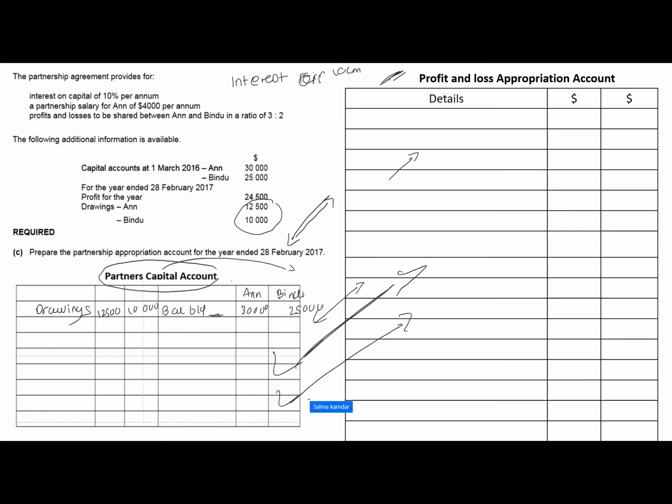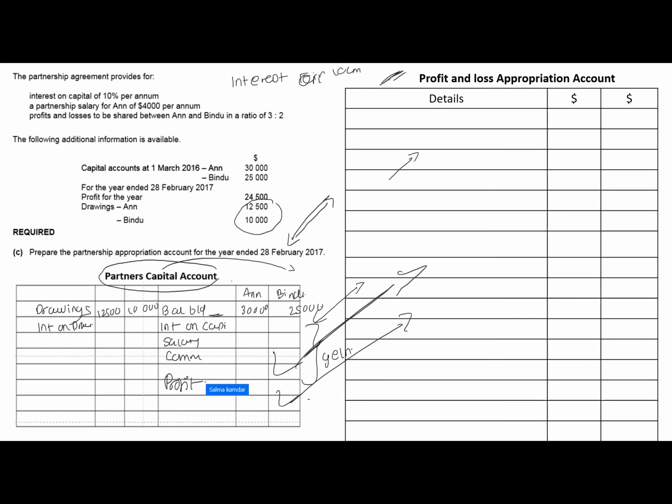Okay. Here capital, below that interest on capital. Your drawings, below that interest on drawings. Here, whatever the partner is getting, the partner can get salary, the partner can get commission, the partner can get anything else, that you will write over here. And if they're getting share of profit, then you will write profit.